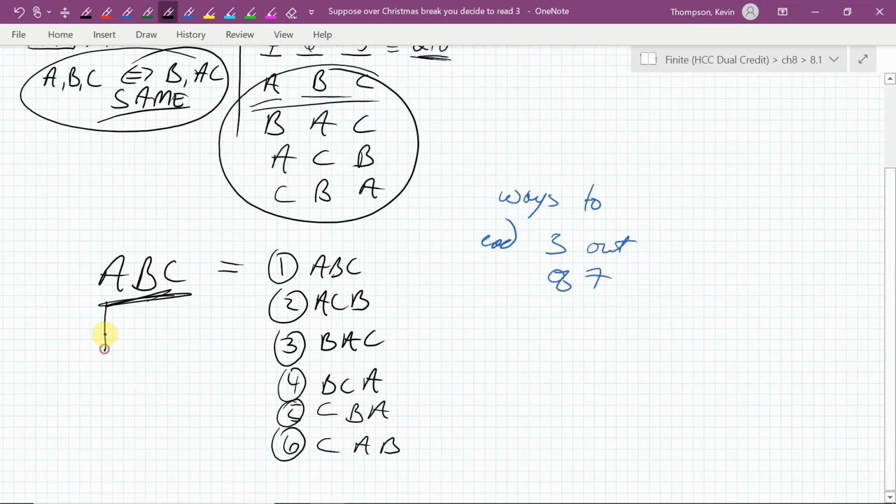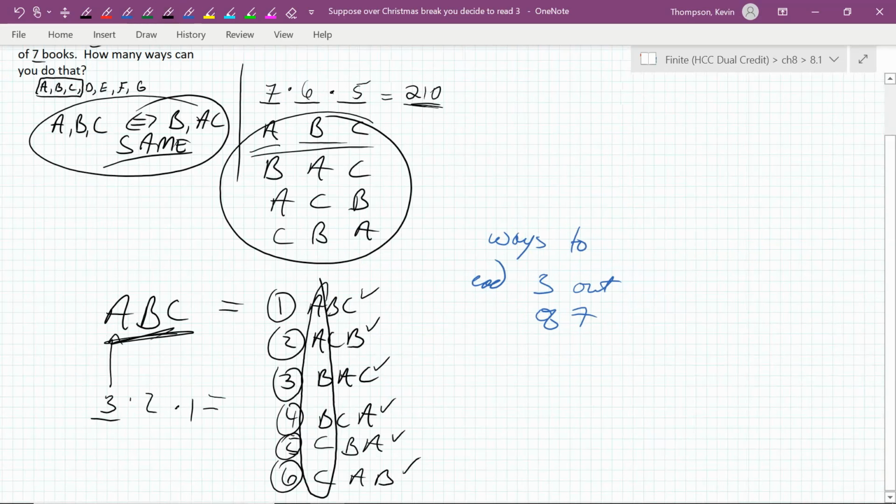Do you notice that that's the same answer as saying there's 3 options to write down first, which would leave 2 options to write down second, which forces, once you name the first 2, aren't you forced to write this one down? Do you see that that's 6? So that means this answer is not 210.